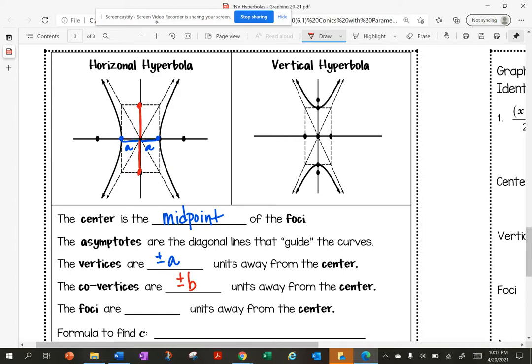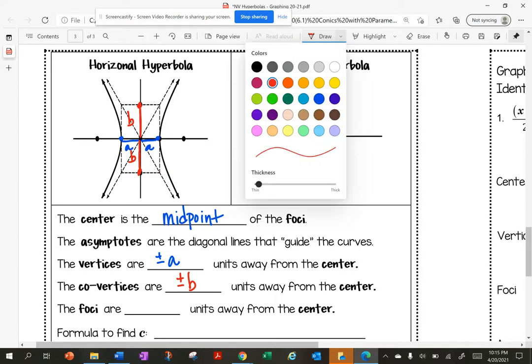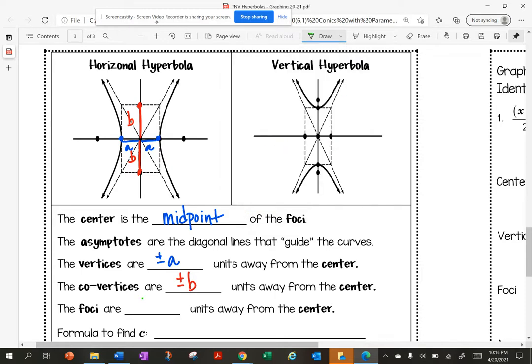So this is my B distance, and the foci are plus or minus C units away from the center. So from here to here is C. So again, I can move C from A to B. So I can move that here.